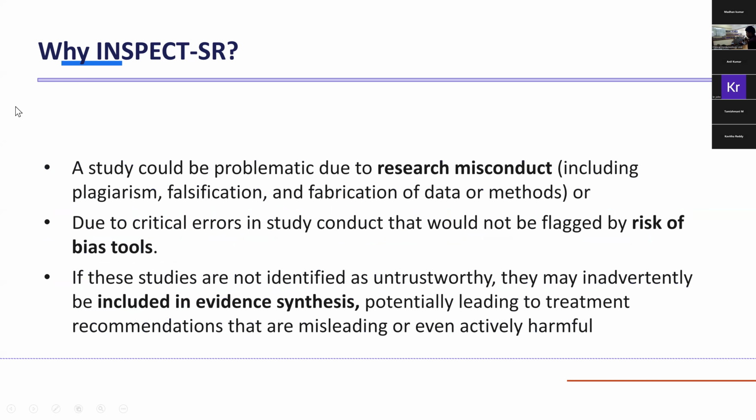So a study can be problematic because of research misconduct, which can include plagiarism, falsification, or fabrication of data, which will not be ideally detected using the risk of bias tools. And these studies, if they are not adequately assessed for trustworthiness, they can also change the outcomes of a systematic review, and it can lead to harmful treatment recommendations, which are misleading or even can be harmful.